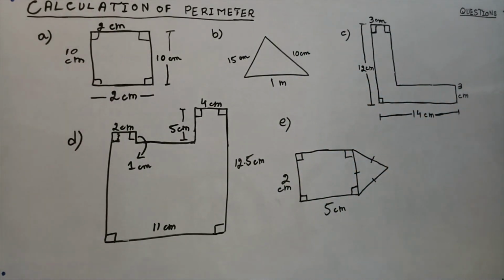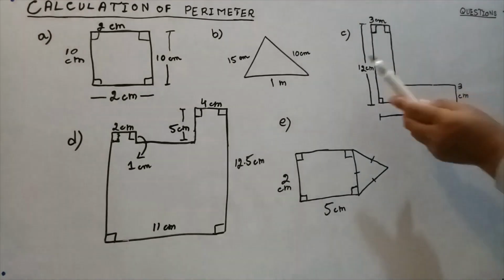So actually we have to add all the lengths, but before adding them we have to check whether the lengths are in the same units or not. If they are the same, we can just add all the lengths. But if the units are not the same, we are going to make the units the same, and then we can add the lengths.